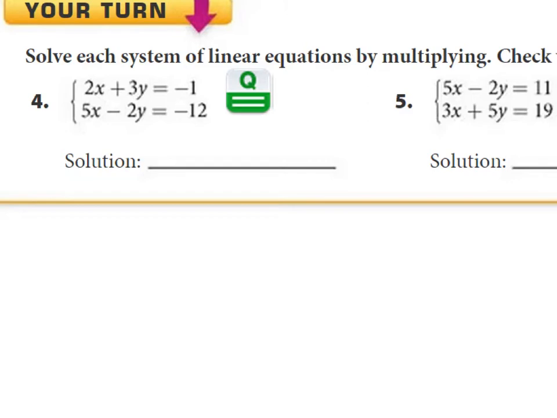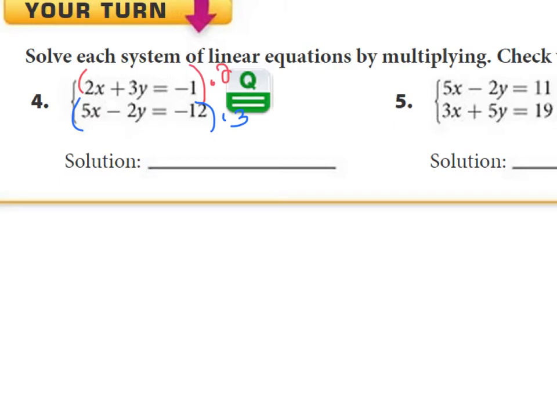5 and 2 would be pretty easy to make the same number because I can turn them both into a 10, but they're both positive, so that wouldn't be opposites. However, the 3y and the -2y are already opposites, and it'd be pretty easy to turn them both into a 6. So I'm going to multiply the top one by 2 and I'm going to multiply the bottom one by 3.